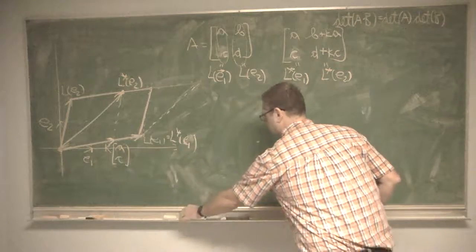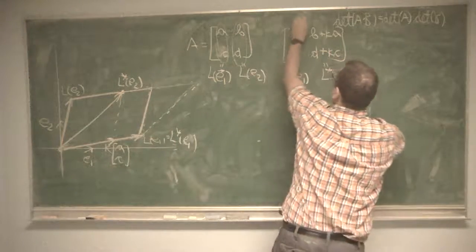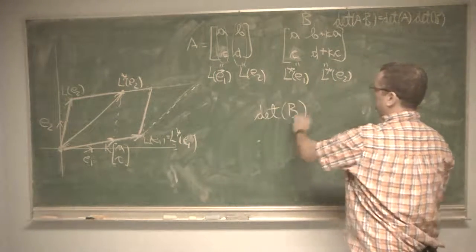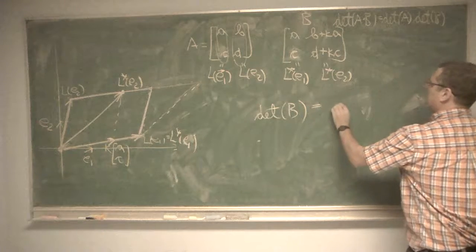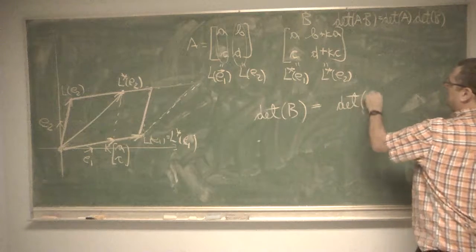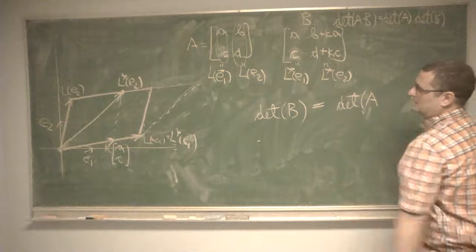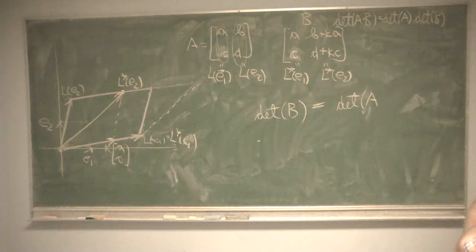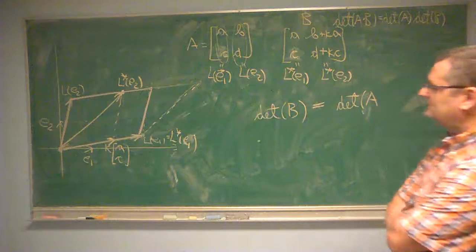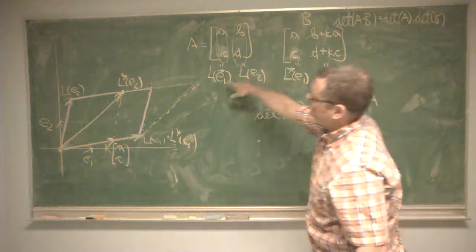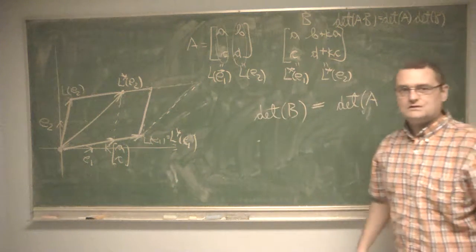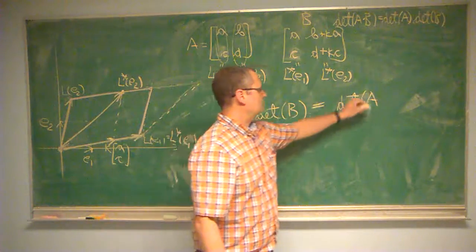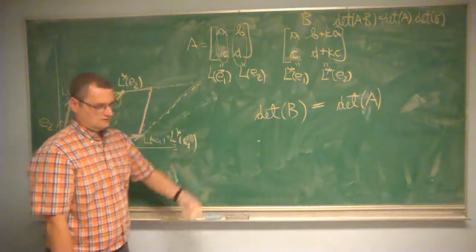In other words, if this is my matrix A and this is my matrix B, determinant of B, at least in magnitude, is the same as determinant of A. And actually, it's not difficult to see that in fact the orientation of L star is the same as orientation of L. So in other words, these two have the same determinants, same not just in magnitude but also in sign.